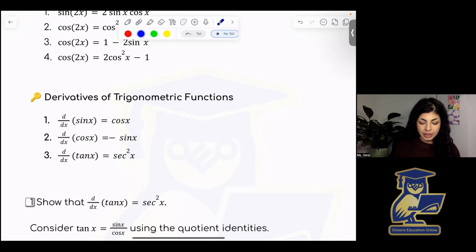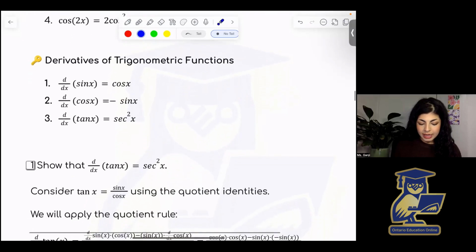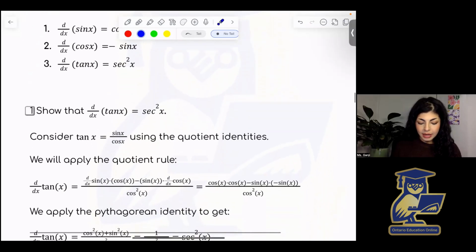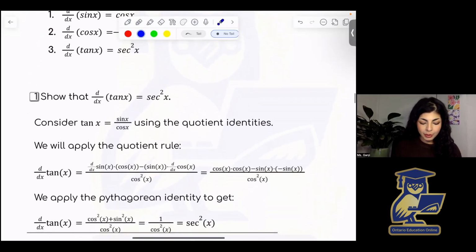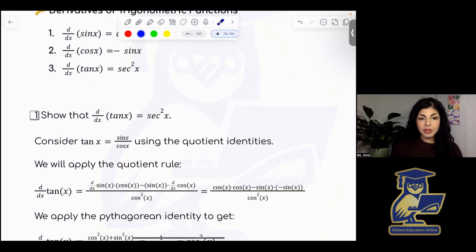So first consider that tangent itself is sine x over cosine of x. Now we're going to use the quotient identities. And now, because this is a quotient, we're going to apply the quotient rule for derivatives. So the derivative of tangent is now going to be the derivative of sine x over cosine x.